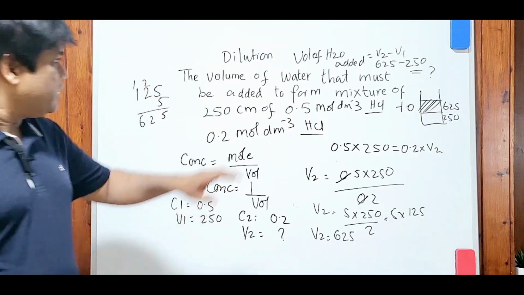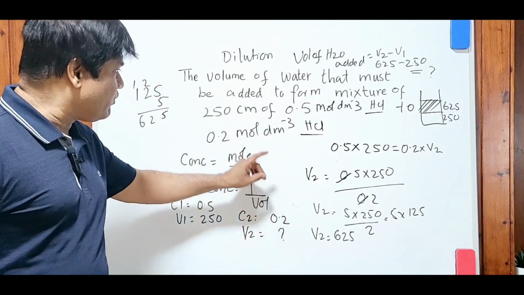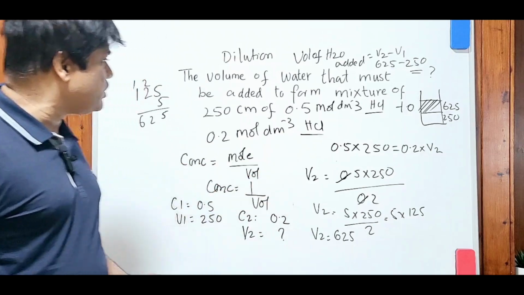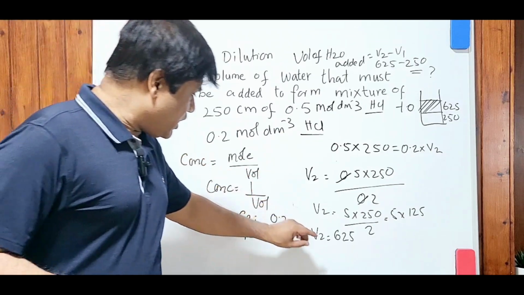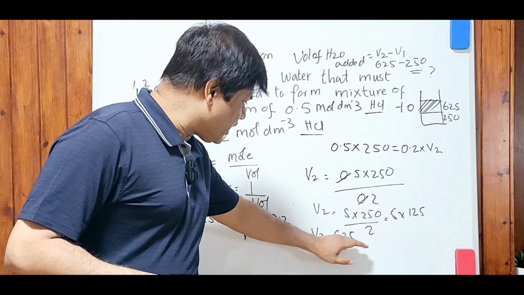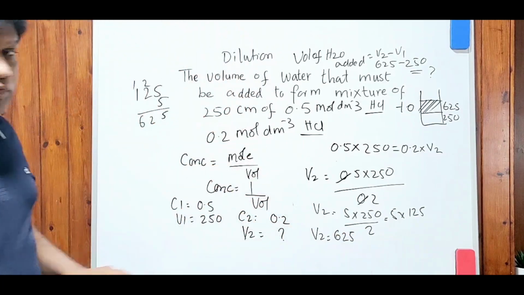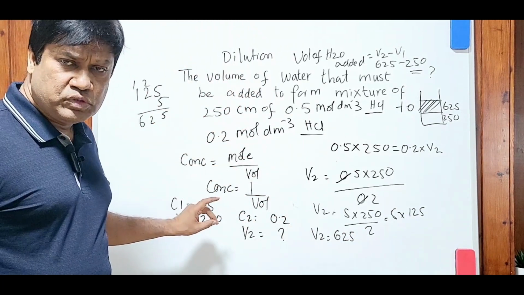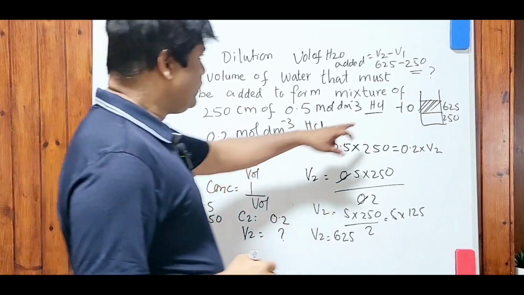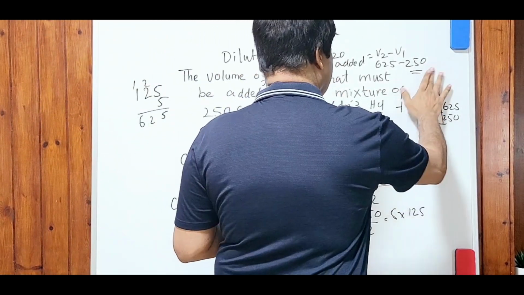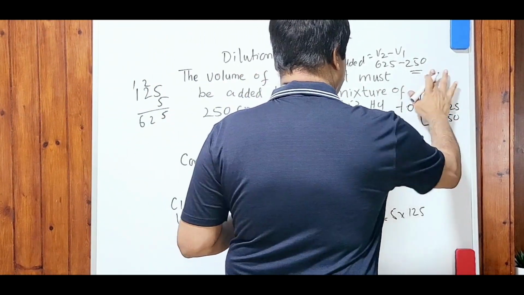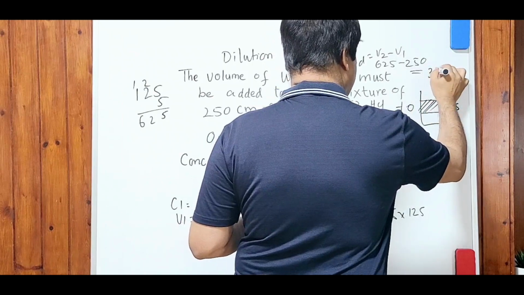Whenever this type of question is given to you in the examination, don't just end your answer after calculating V2. Volume of the water added equals, did you get it? Okay. It's 375.